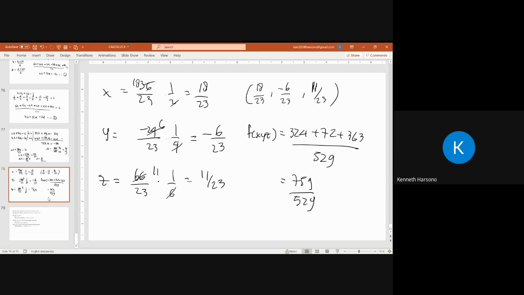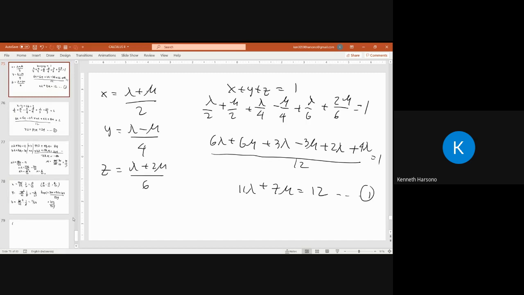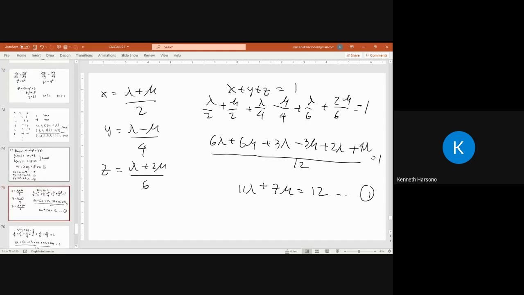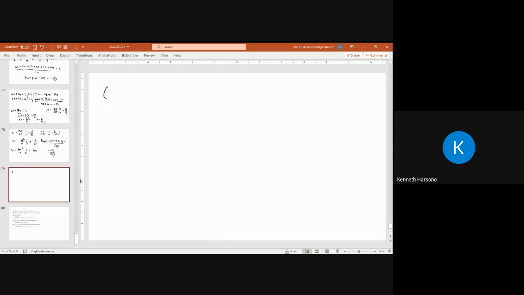And we can check with another point for our reference, to see if it's maximum or minimum. We have to check with points that satisfy both of these constraints. So we can check it with 0, 0, 1, because if we check it with the constraints, 0 plus 1 is equal to 1, and 0 minus 0 plus 2 is equal to 2.